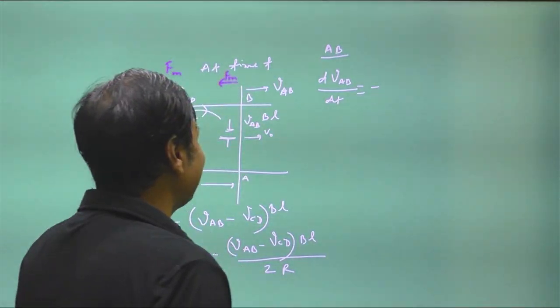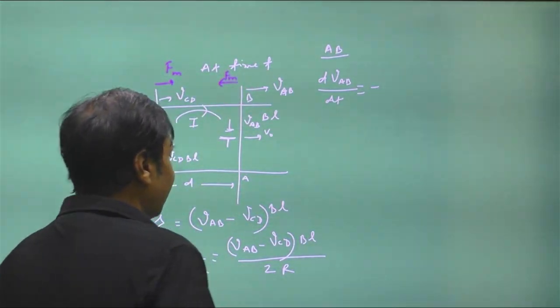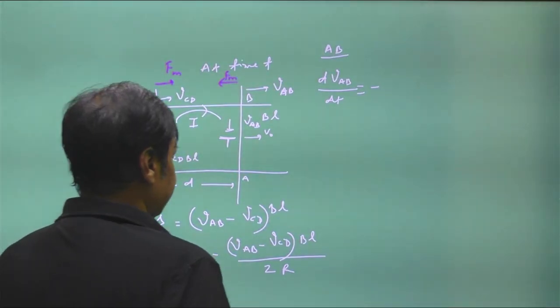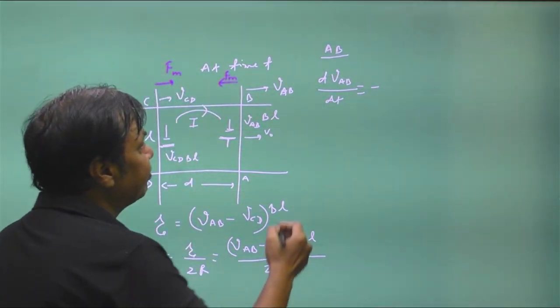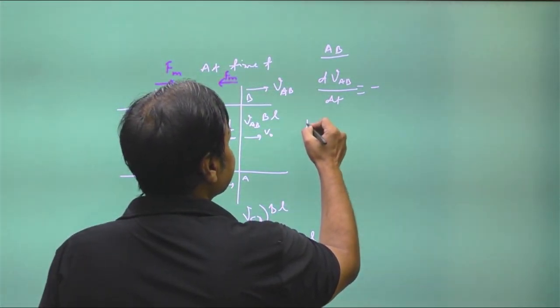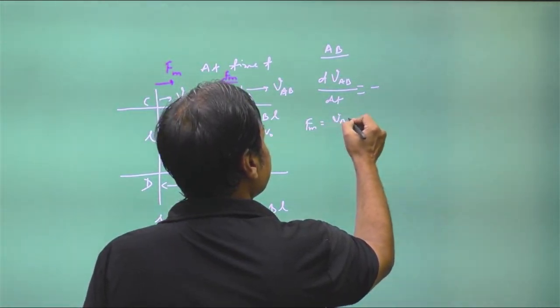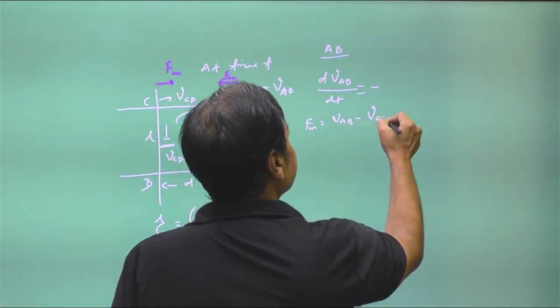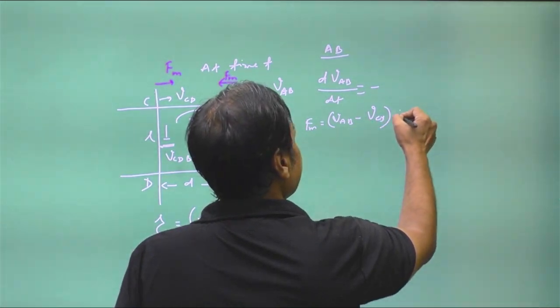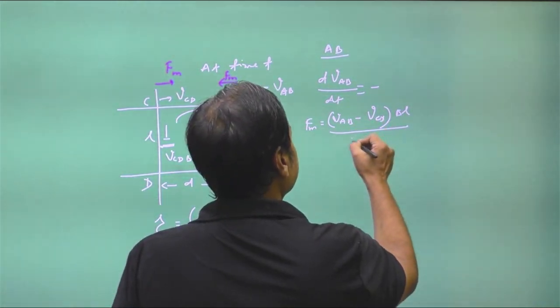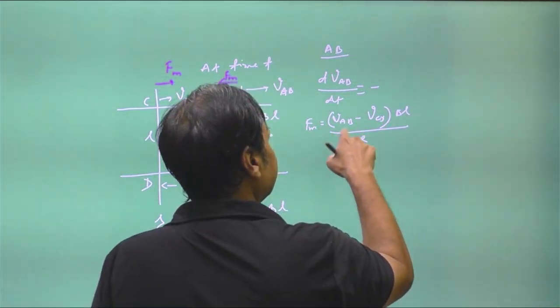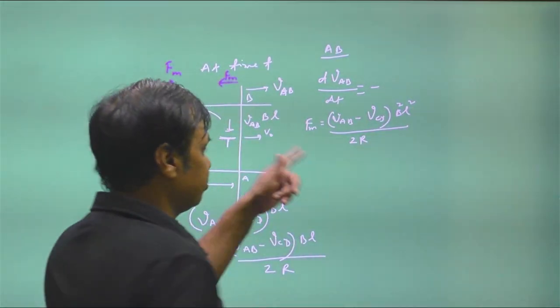What will be the magnitude of this magnetic force? ILB. So the magnetic force I can write here is I, that is (VAB minus VCD) BL divided by 2R, times LB, giving B square L square.